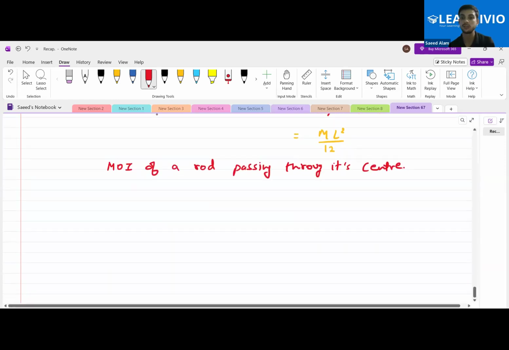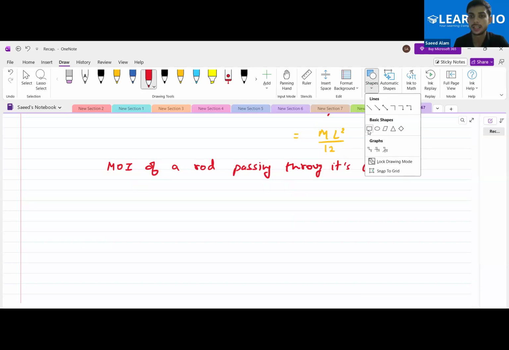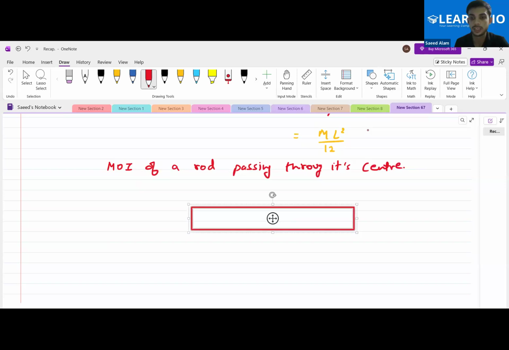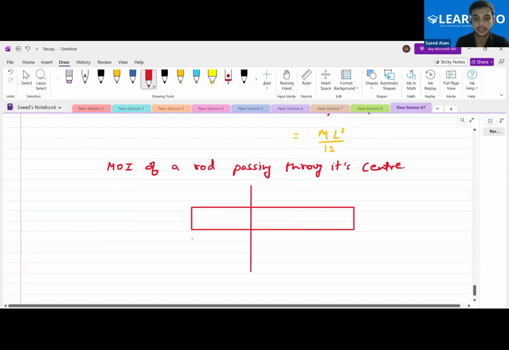Okay, so the same question can be asked to you for several other things as well. Let me say that suppose the rod was here, and somebody says that this is the rod, and this time you need to calculate the moment of inertia about a random axis, not so random. Let's just give some distances, that this distance is L by 3.